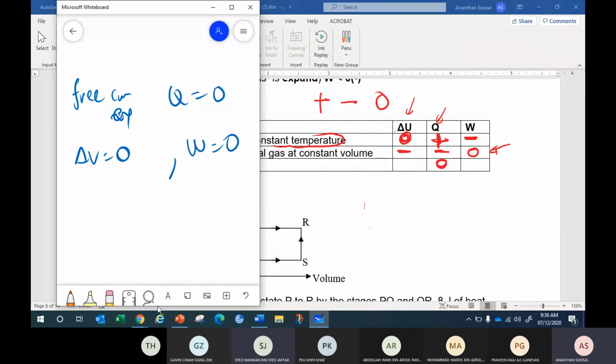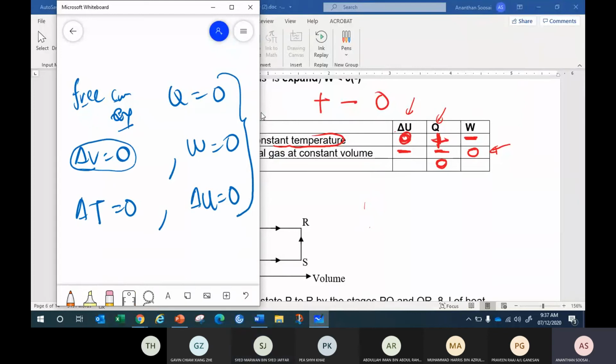And when they say no change in temperature, it means changes in internal energy is zero. Please remember this, put it into your notes. Free compression or expansion, heat zero. No changes in volume, work done zero. No changes in temperature, changes in internal energy zero.